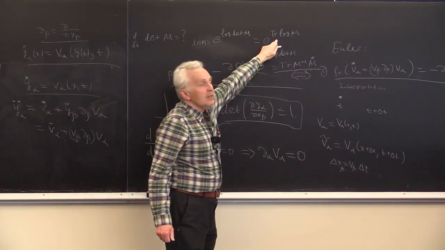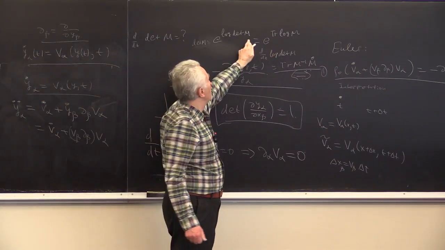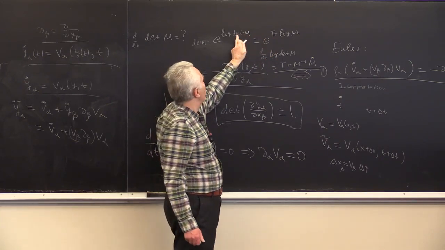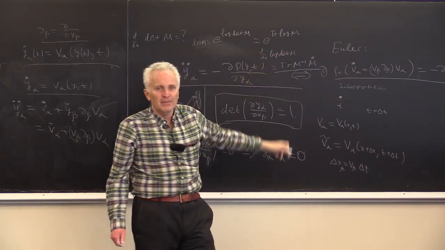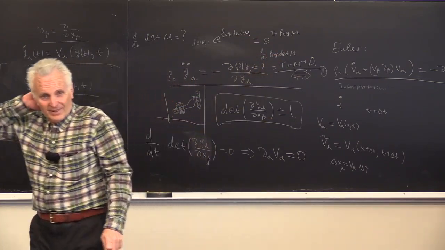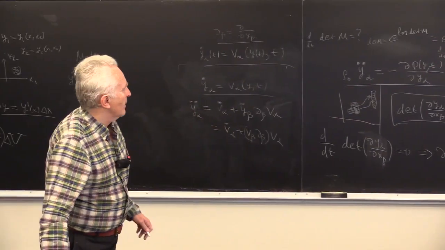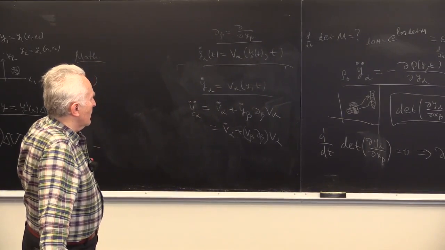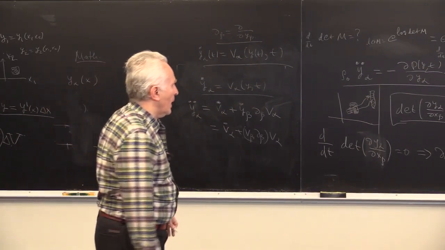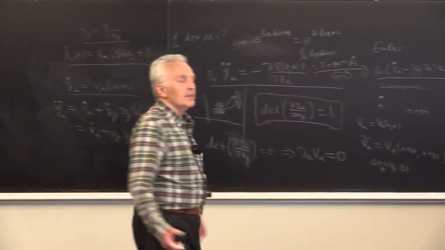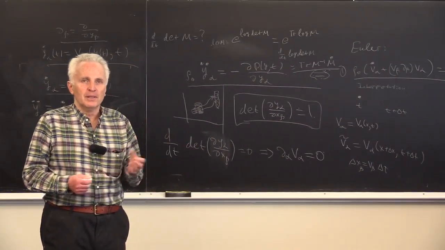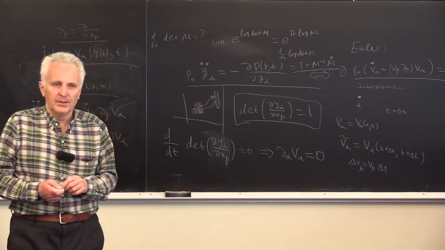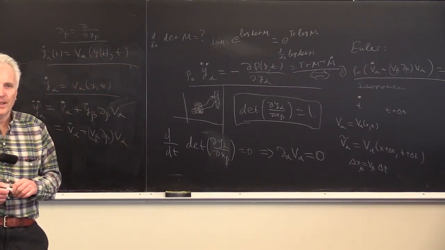by the way, is this transition obvious? From here, how do you derive this transition, the fact that the logarithm of the determinant is equal to the trace of the logarithm? I suggest that you remember how the determinant is expressed in terms of the eigenvalues of the matrix.